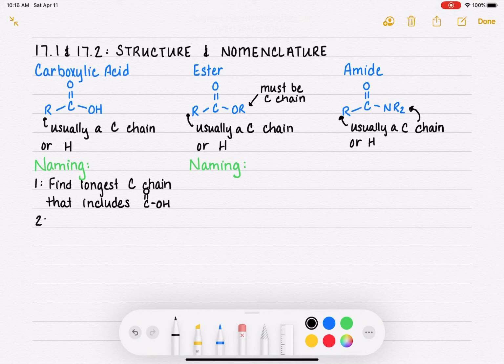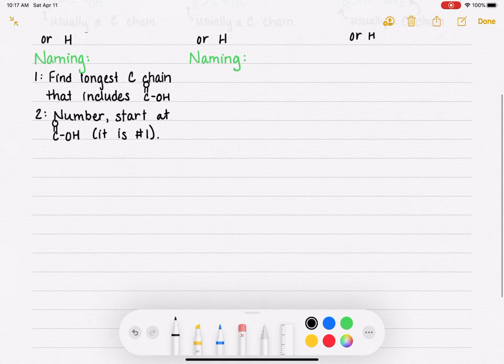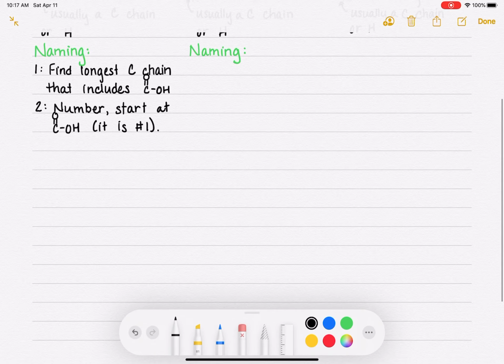We're going to number the carbon chain, just like we would normally do. And when we do this, we are going to start at the carbon-oxygen double bond. So it is number 1 in our numbering system. But we're going to leave the number 1 out of its name, which I'm going to write down at the end of our steps here, because it's important to remember to leave out that 1 when we're actually putting the name together.